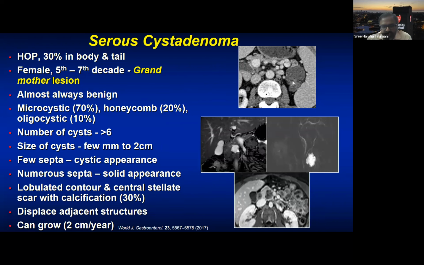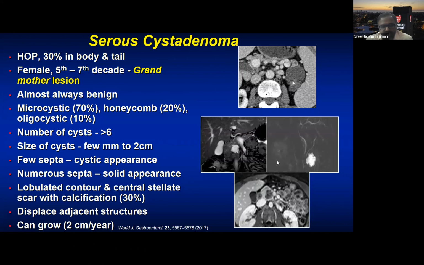You can see here in this case, tiny clusters of cysts like grapes, clustered together. And on the post-contrast images, you can see enhancement of those septations. When you see this kind of appearance, you're almost certain that you're dealing with a serous cystadenoma, especially in an elderly female. And a unique feature of serous cystadenoma is it typically happens in the head of the pancreas.